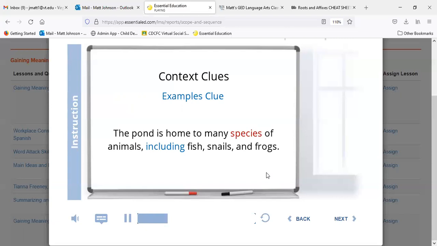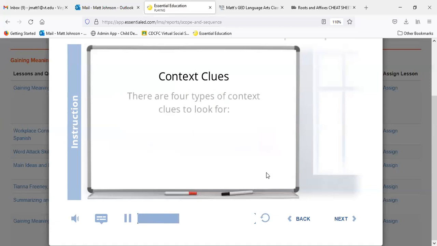The sentence says, the pond is home to many species of animals, including fish, snails, and frogs. Do you see how the word including comes right before the list of animals? That's how a signal word works. The word including is introducing an examples clue. So, based on these examples of species, I have a better idea of what species might mean.